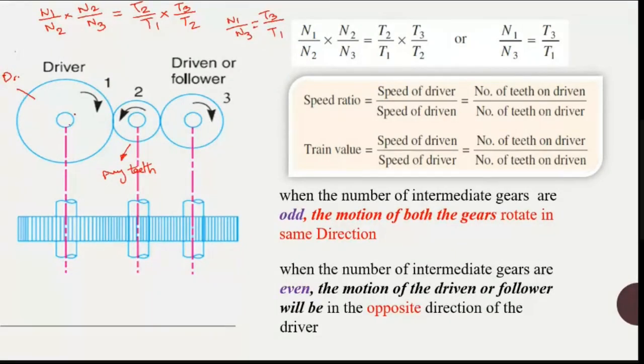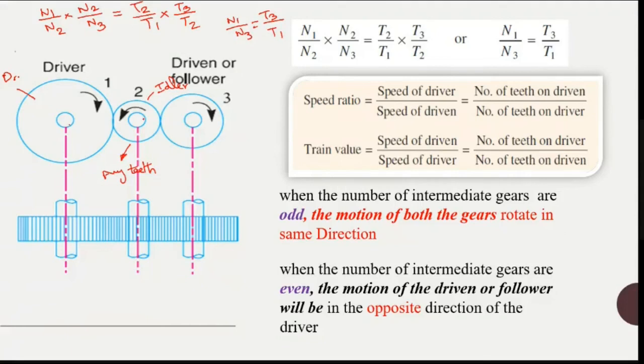Whatever you change the teeth in the middle gear, there is no difference. It won't affect any speed. That is why we call this an idler gear, an intermediate gear.